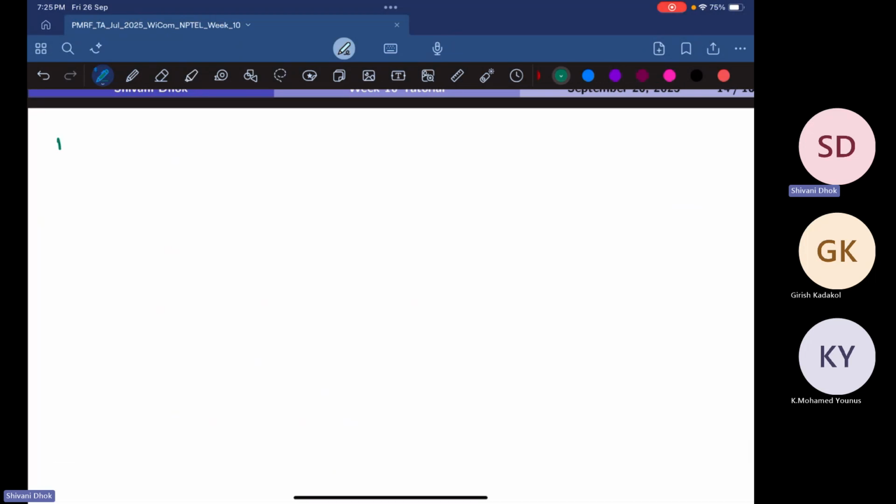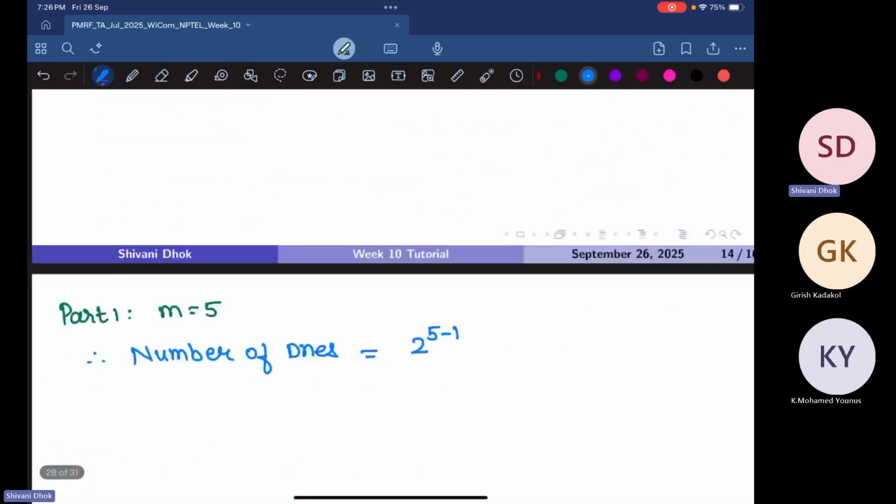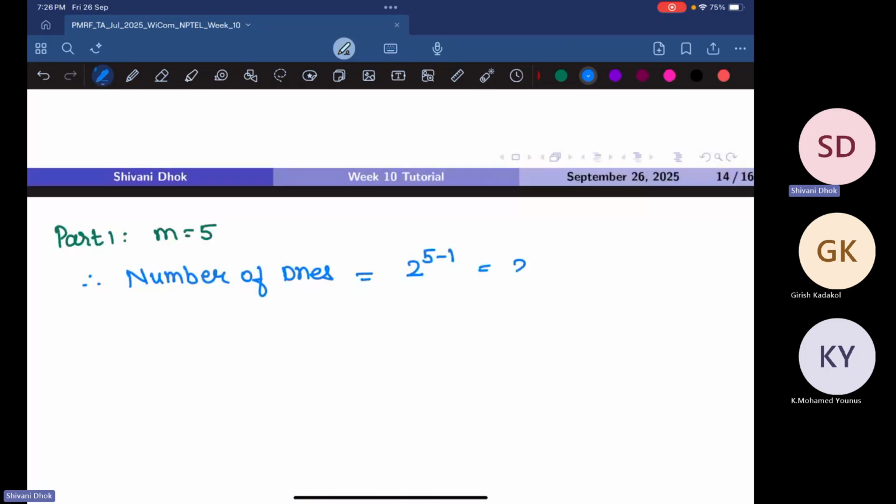So the part 1 is M equal to 5. So therefore, for this the number of ones is 2 to the power 5 minus 1, which is nothing but 2 to the power 4, which comes out to be equal to 16.